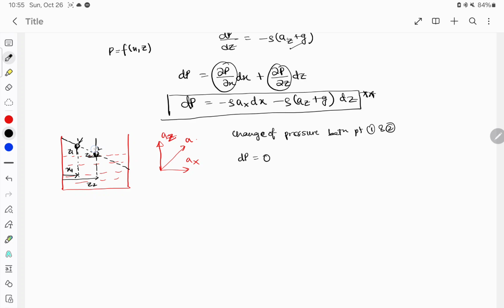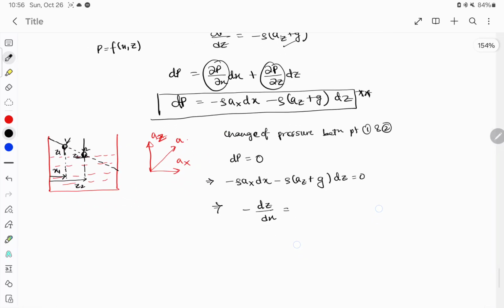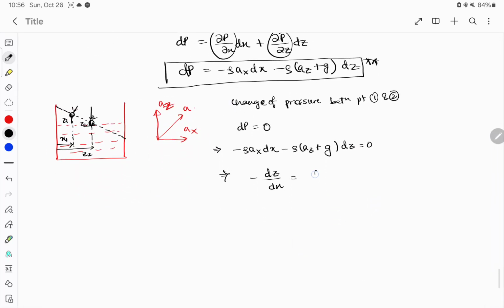Here also atmospheric pressure is acting, and here also atmospheric pressure is acting. So in the place of dp we can write rho ax into dx minus rho az plus g into dz equal to 0. Finally what we can write? Minus dz by dx will be equal to ax by az plus g.